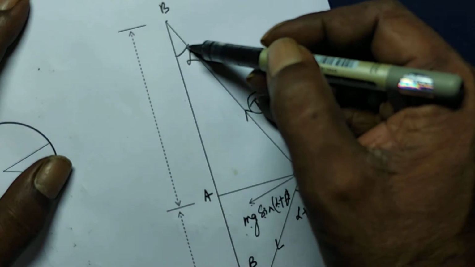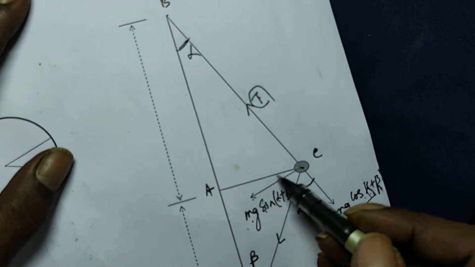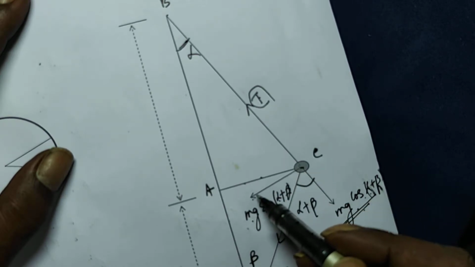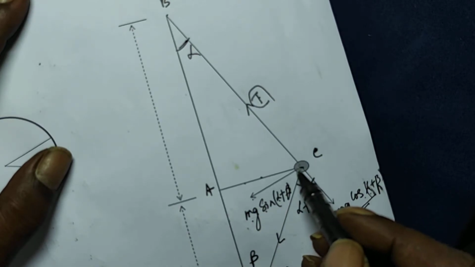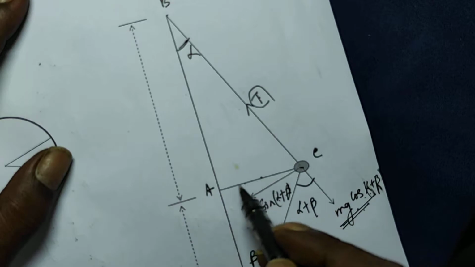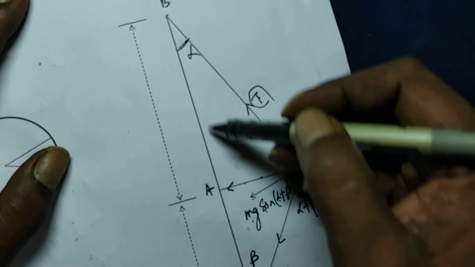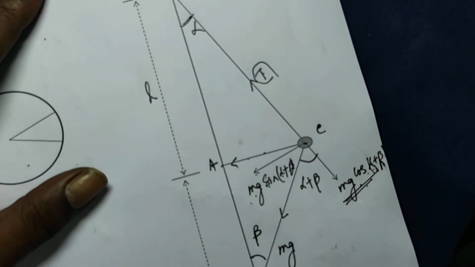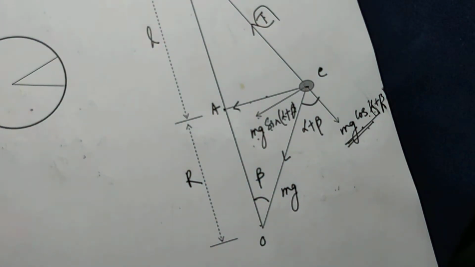Now, if this alpha is small, meaning when the bob is not here but, let's say, here or here, then this component of mg, that is mg sin(alpha plus beta), will be exactly in the direction of A. I have taken from B to A as the length of the pendulum L, the length of the string, and from A to O as the radius of the earth.